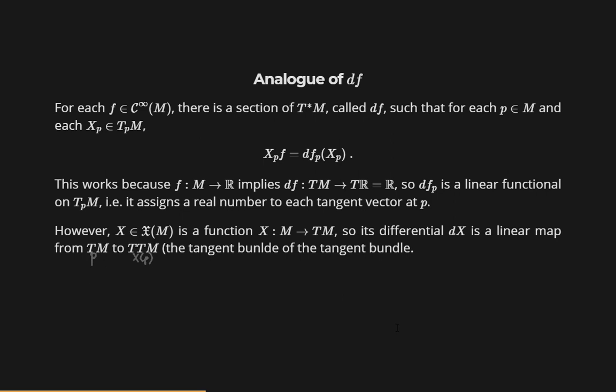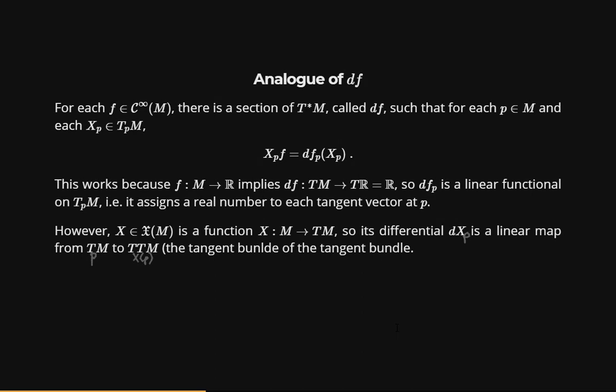So you have a smooth map, which is dx, from the tangent bundle of M to the tangent bundle of the tangent bundle of M.